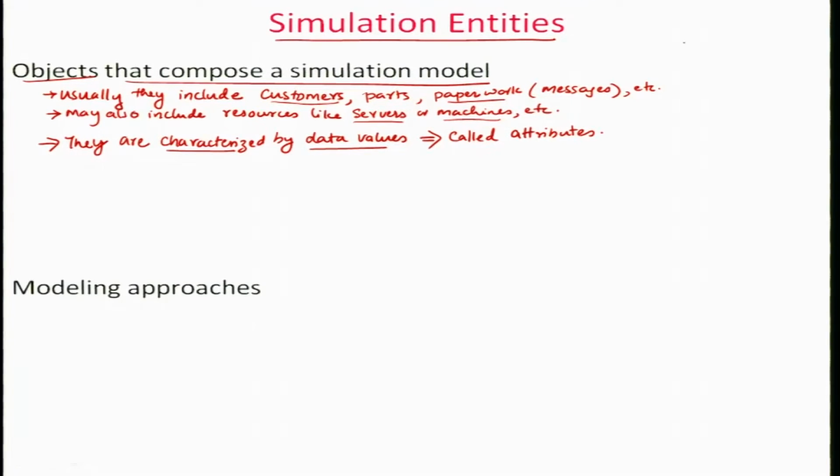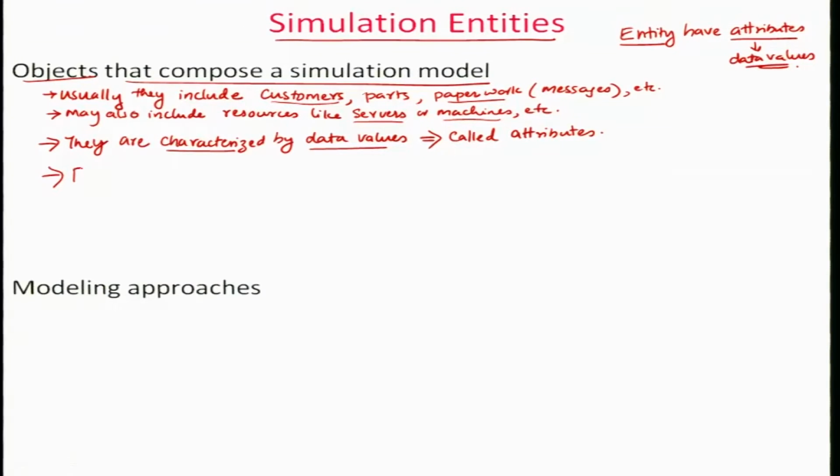So, when we say an entity has attributes, it implies data values that characterize that entity. Those data values are called the attributes.